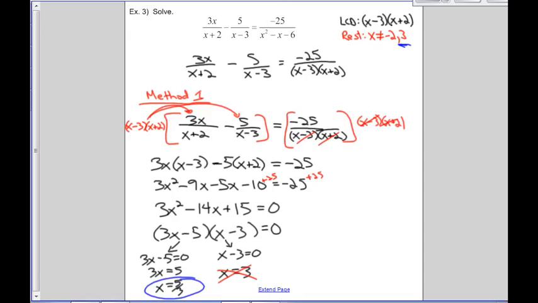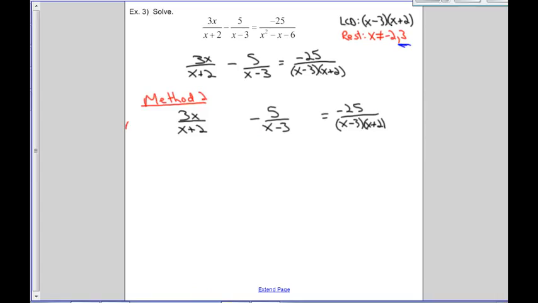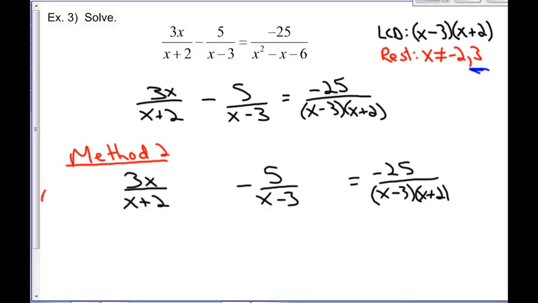I'm going to set it up with method 2 as well. The other method we did involved changing to a common denominator. So here I've rewritten the problem. I've left some space so that I can make that common denominator. The common denominator is x minus 3 by x plus 2.